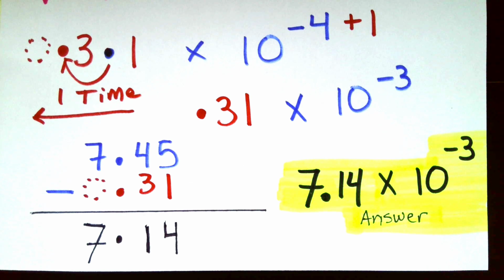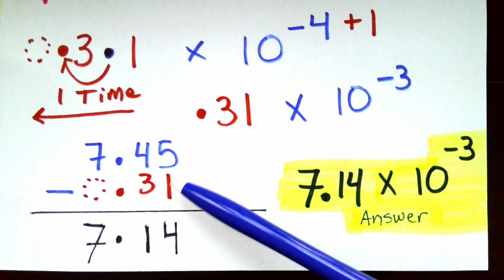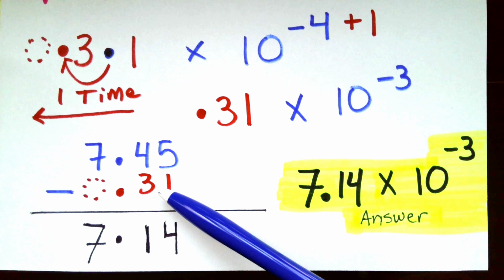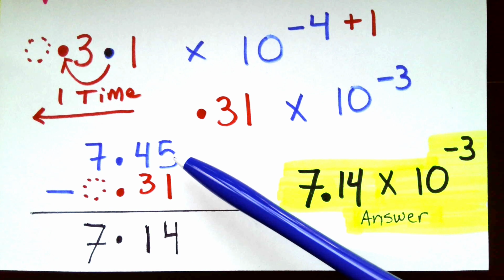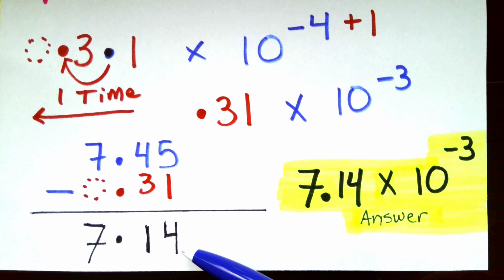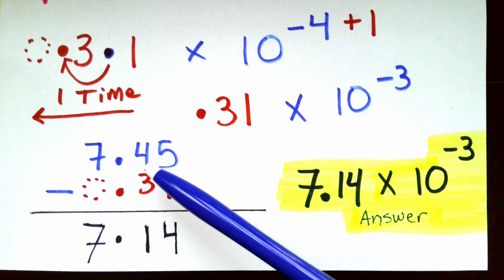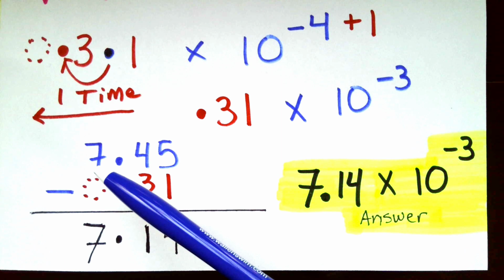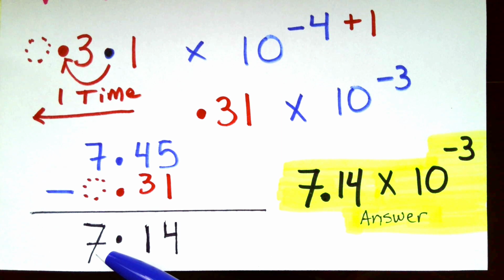All right, so you can see here, stacking up these coefficients, 7.45 minus the 0.31. 1 take away from 5 is 4. 4 minus 3 is 1. Let's line up those decimals. And taking away 0 from 7 leaves the 7.